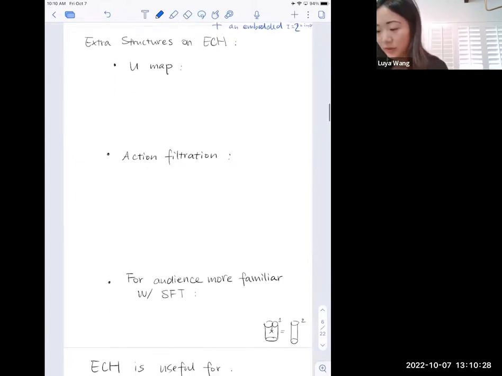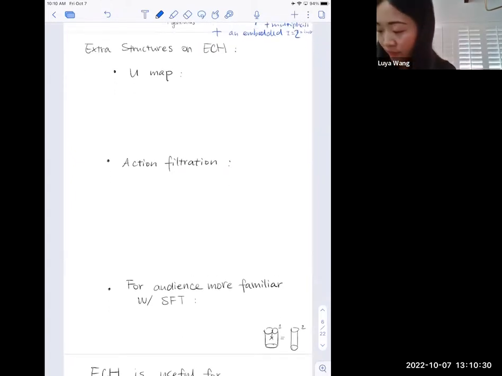Now I need to tell you a little more structure on the ECH, which will be useful for the connected sum formula. First is the U map.